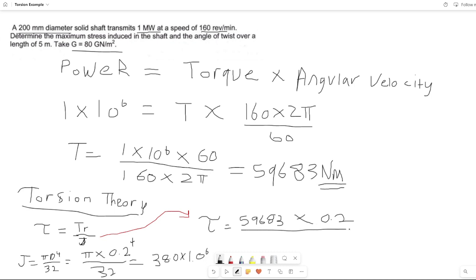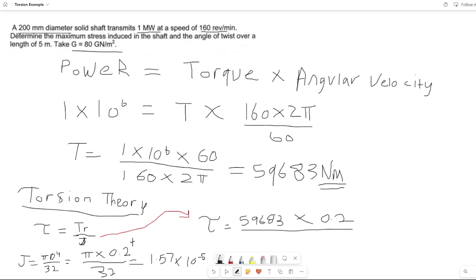And then if we divide that by J, that would be incorrect. If I redo that on my calculator, pi times 0.2 to the 4 divided by 32, that should give us an answer of 1.5707 times 10 to the minus 8.